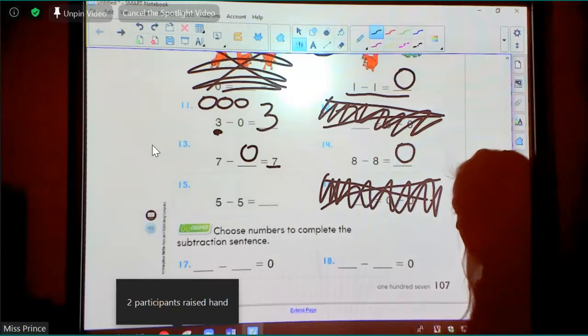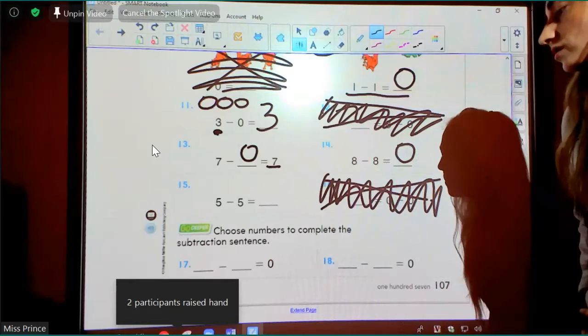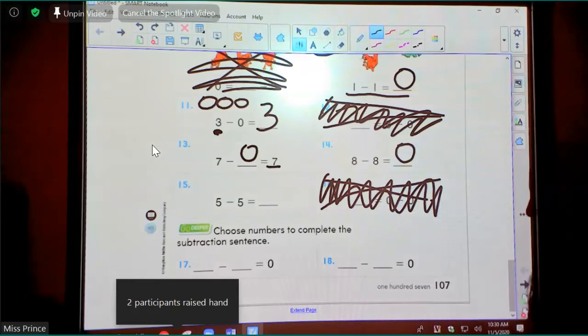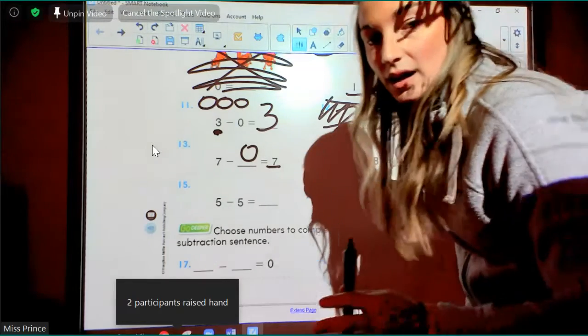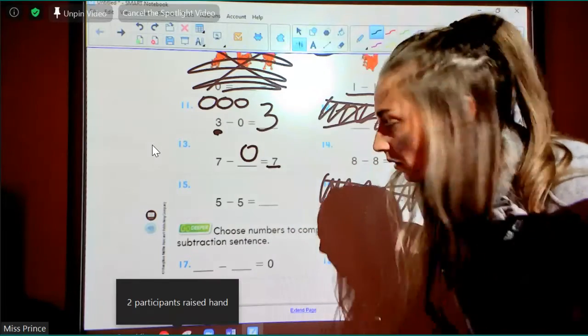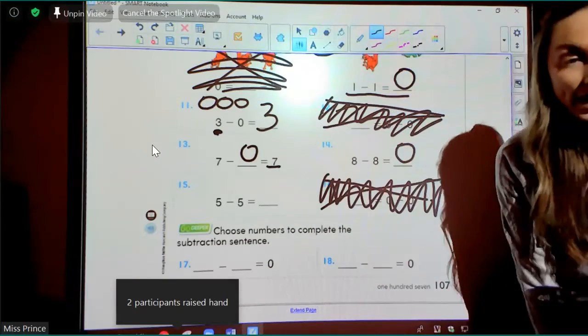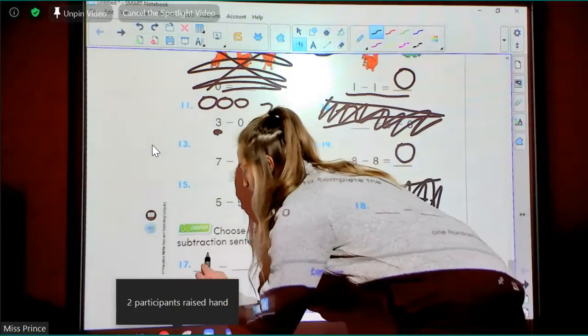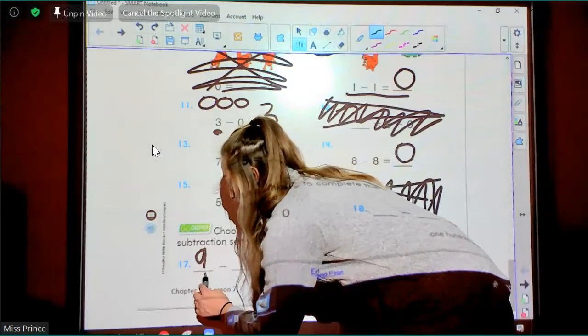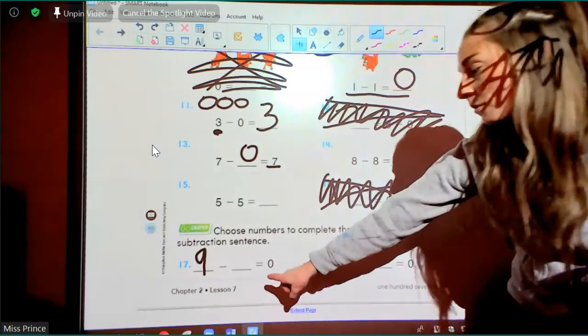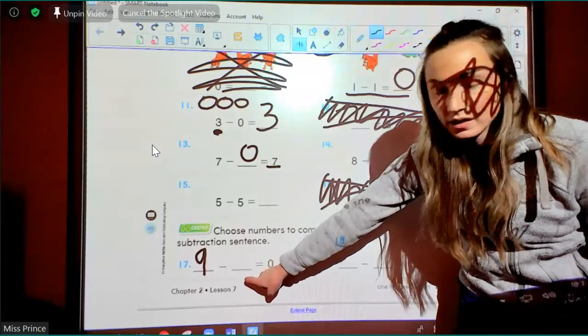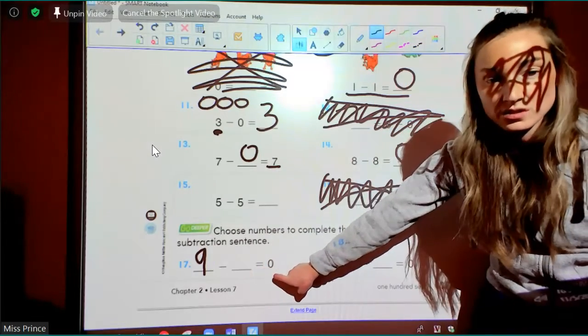Okay. Ooh. Choose numbers to complete the subtraction sentence. So this is what I'm going to do. I am going to put the first number here, and you need to figure out what goes in the next blank, okay? So, I'm going to put a 9 here. Now, it's your job to figure out what goes here so that the problem makes sense and equals 0.